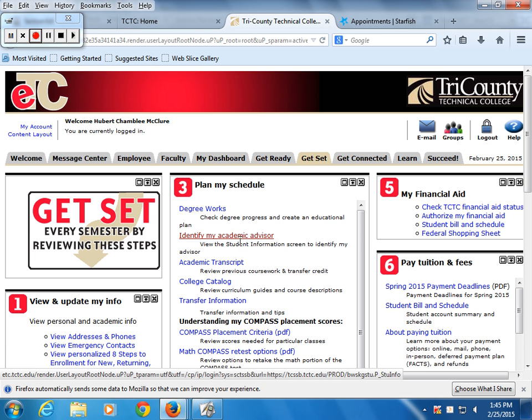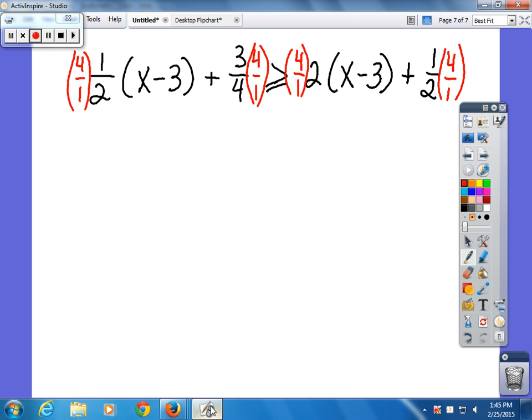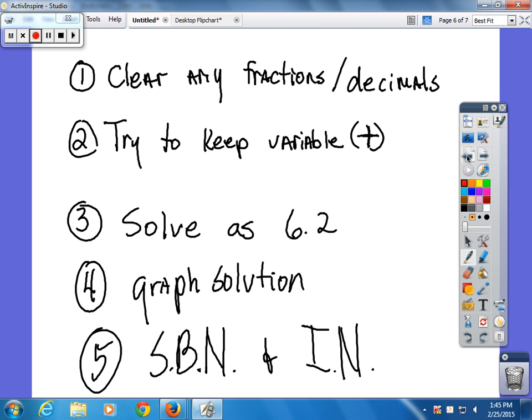Identify my academic advisor. If you are a college transfer student and you want to change your advisor to the Anderson campus because most of your classes are here, you can dial 646-1428 and ask about your advisor or ask to change advisors.